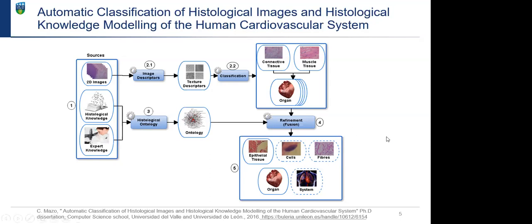And this final refinement allows us to identify not new, but more structures present in these images which weren't identified in the automatic classification, like cells, fibers, or even to know to what system that organ belongs.